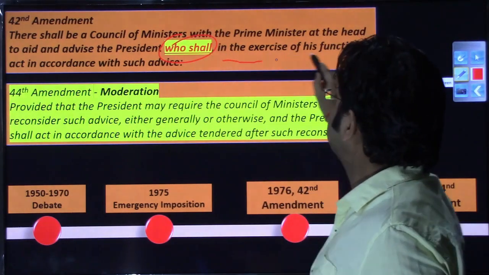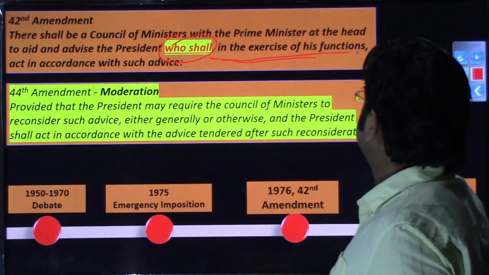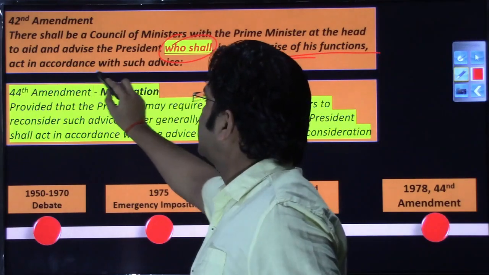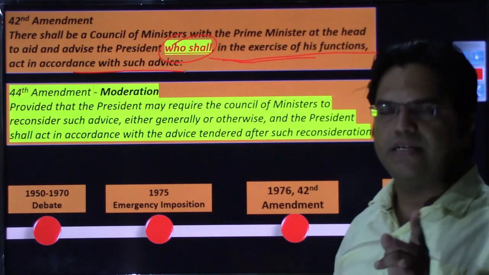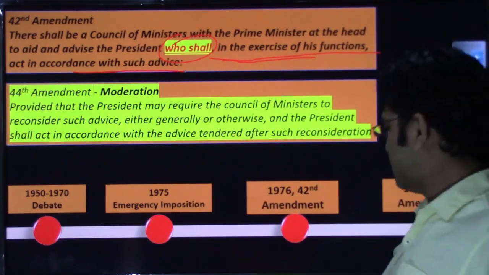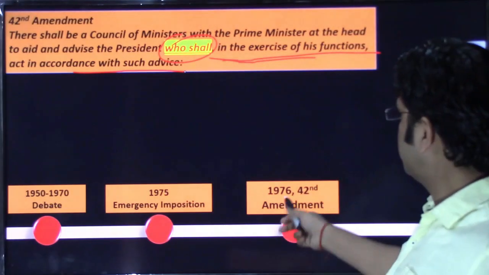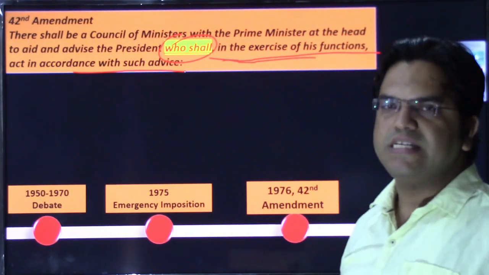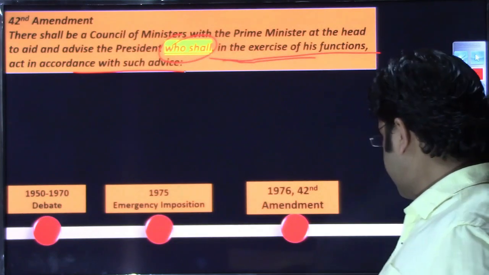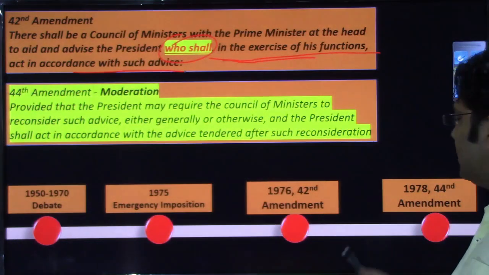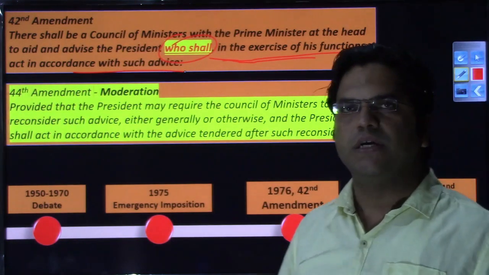The president shall in exercise of his function act in accordance with the advice tendered by the Council of Ministers, right. So this is the change that the 42nd Amendment in 1976 did. Then comes 1978, and in 1978 you had the Janata government led by Morarji Desai.